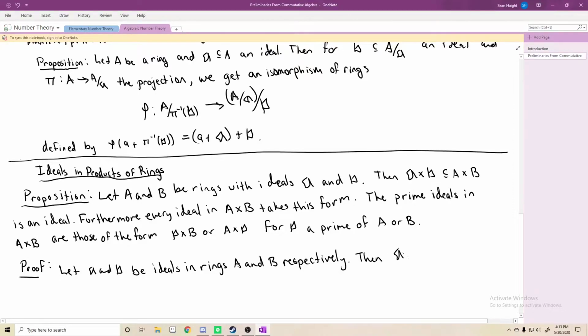Then 𝔞 × 𝔟 subset of A × B is an ideal, as can be easily checked from the definitions.